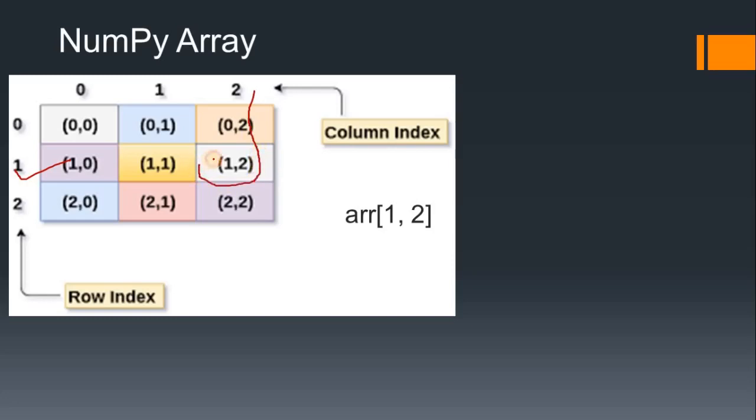Here it is intersecting, referring to this row and this column. So the position 1, 2 means the second row and third column. Whatever the element is there in this matrix, that will be available for you.